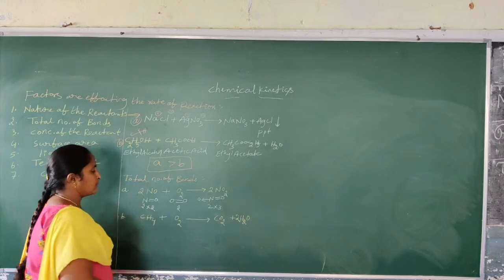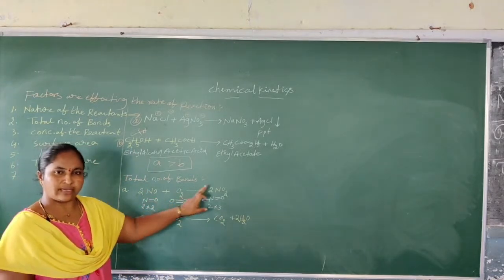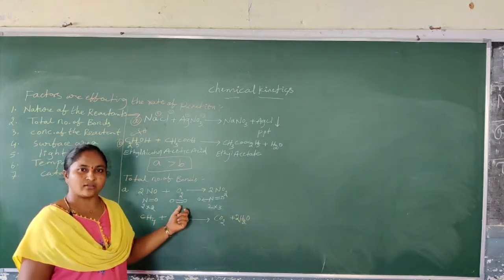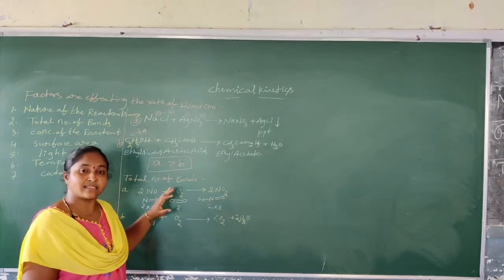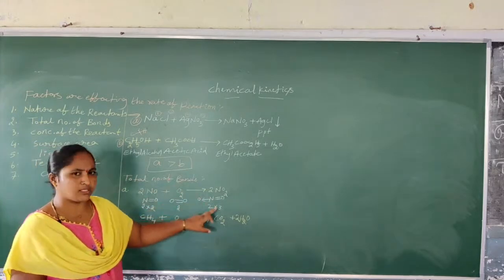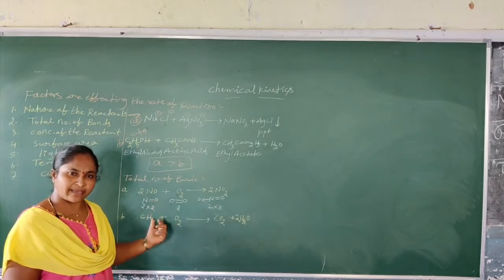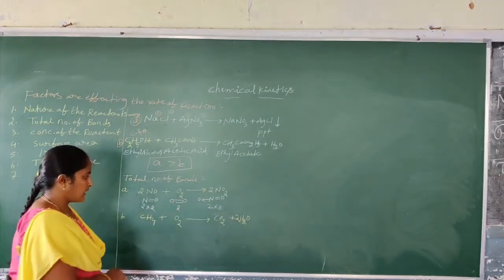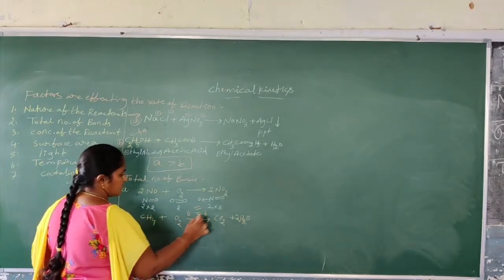So when NO reacts with O2 to get NO2, in this reaction 6 bonds breaking and 6 bonds formation take place. Keep in mind, 6 bonds.